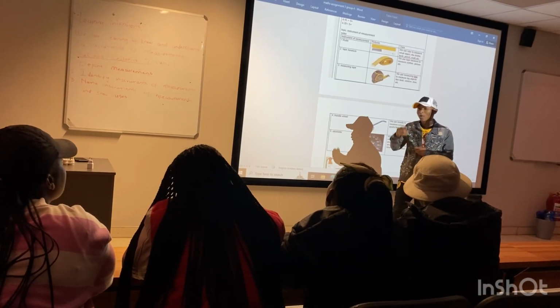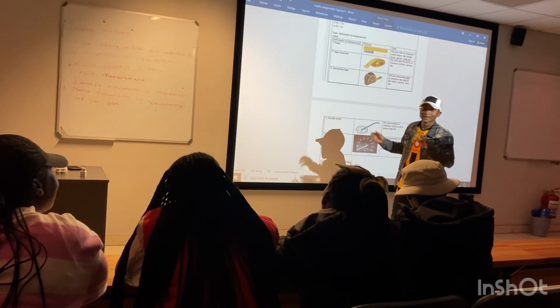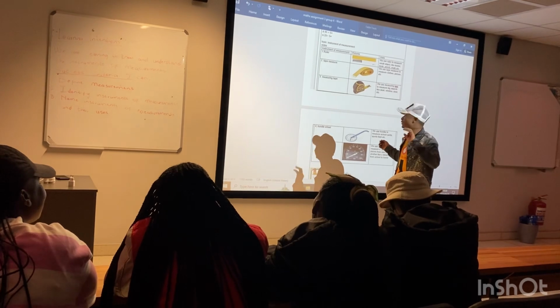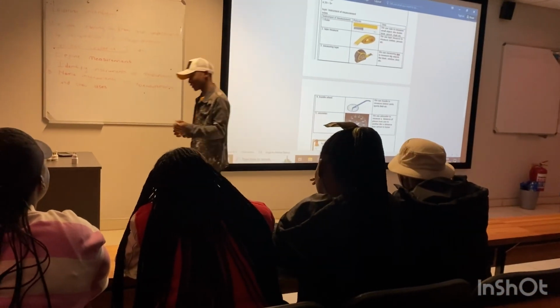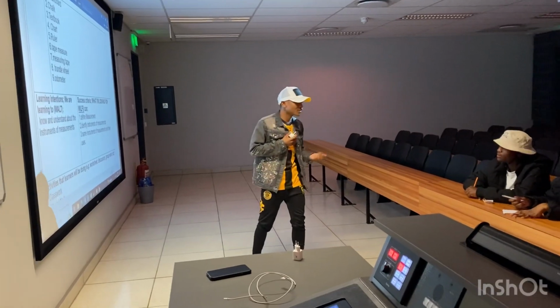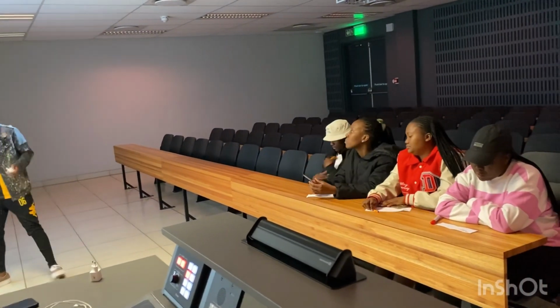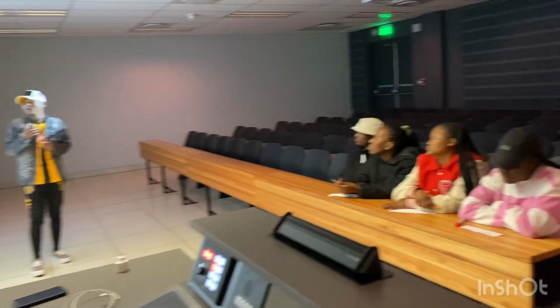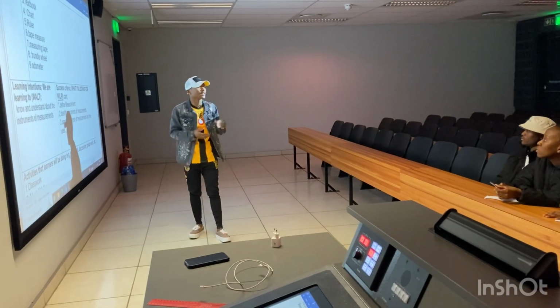I'm giving you 3 minutes to complete the notes. Okay, are we done with our notes? Okay, sharp. So now we go back to our learning intention. I want to see if we achieved our learning intention and success criteria.